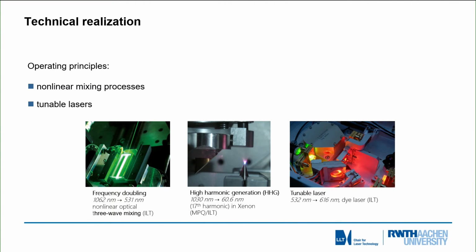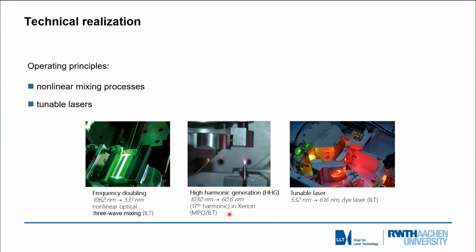The technical realization of frequency conversion is displayed here. In the simplest case, we have a frequency doubling. In this case, a YAG laser is doubled to a green laser at 530 nanometer wavelength. Here, in harmonic generation, we use extreme nonlinear scattering effects at atoms, at electrons.